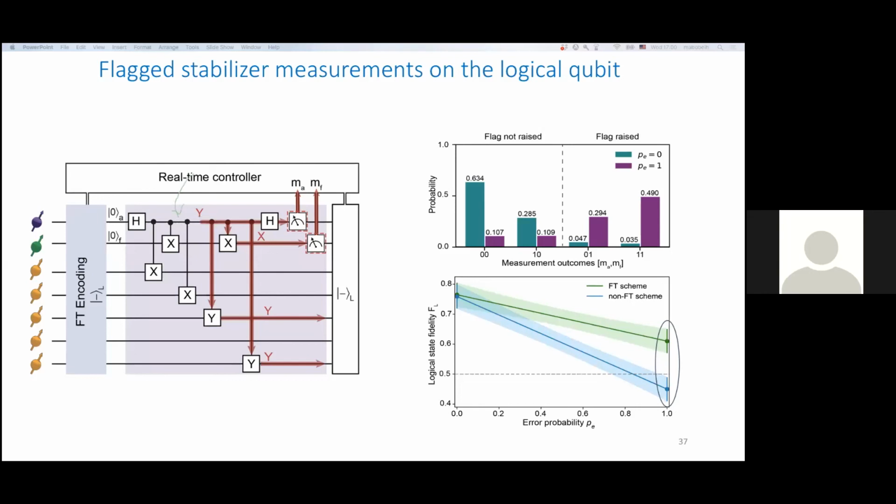Because I don't see how you can distinguish this from this. You get what I mean? Yeah, but okay. I mean, the point is, not all errors on the ancilla would necessarily propagate into a logical error, right? Into a weight 2 error, right?